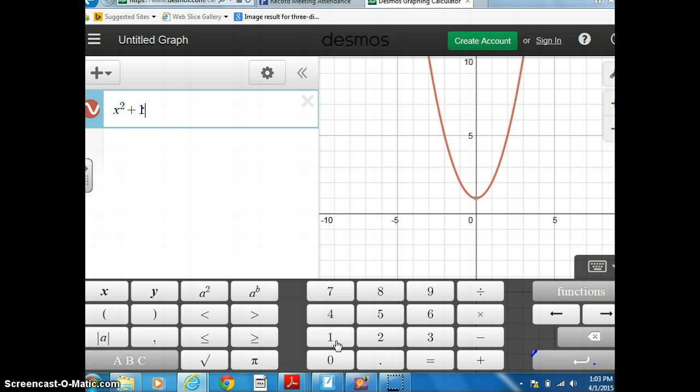We have the graph of that. We only want to keep the portion where x is less than 1. So we're going to have an open dot at 1 and only keep that portion of the graph.